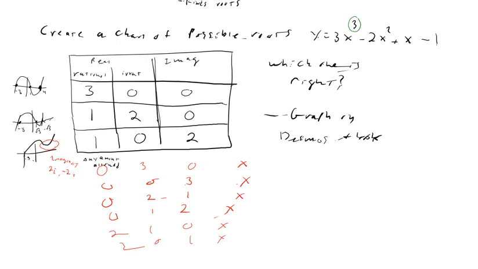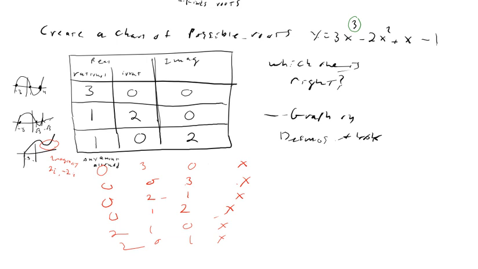My equation was y equals 3x cubed minus 2x squared plus x minus 1, right? All right, there we go, everybody. What have we got? What kind of situation is this equation here? Well, we have this little bump here, and we have only one spot where we're touching.